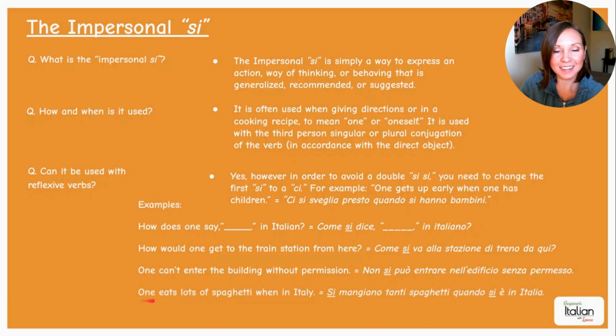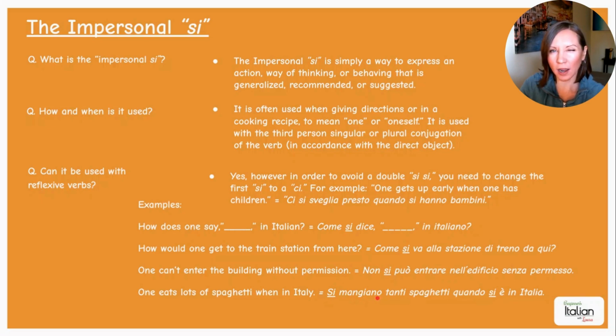One eats lots of spaghetti when in Italy. Si mangiano tanti spaghetti quando si è in Italia. In this example, I have two different forms of the verb. In this first instance, we're using si mangiano. If you notice, this is the third person plural conjugation of mangiare.